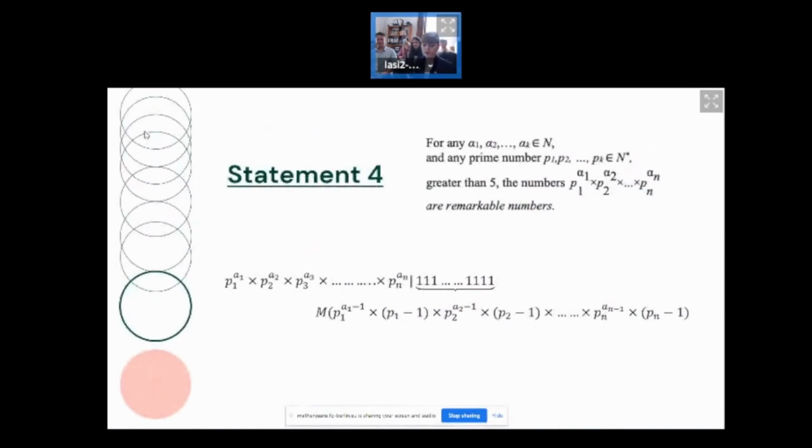And because the numbers are prime, that means that if p1 to the power a1, p2 to the power a2, and so on, pn to the power an divide the 111 taken a multiple of p1 to the power a1 minus 1 multiplied by p1 minus 1 multiplied by p2 to the power a2 minus 1 multiplied by p2 minus 1, and so on, multiplied by pn to the power an minus 1 and multiplied by pn minus 1, that means the product of these numbers divides 111 taken this multiple of this number.